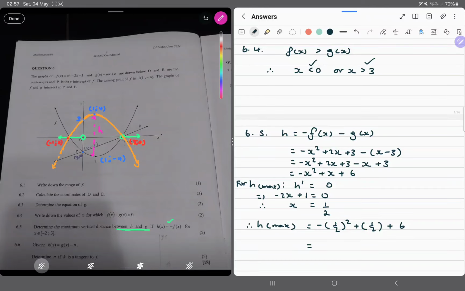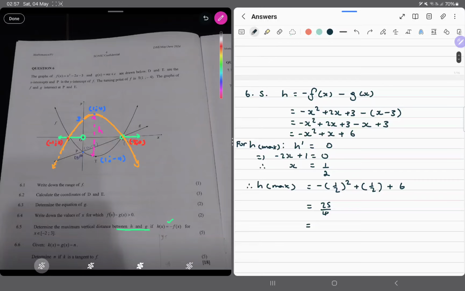I'm getting 25 over 4, which is basically 6,25 units. Remember, this is the distance, so we can go on and do what we want to do. So this is equal to 6,25 units.